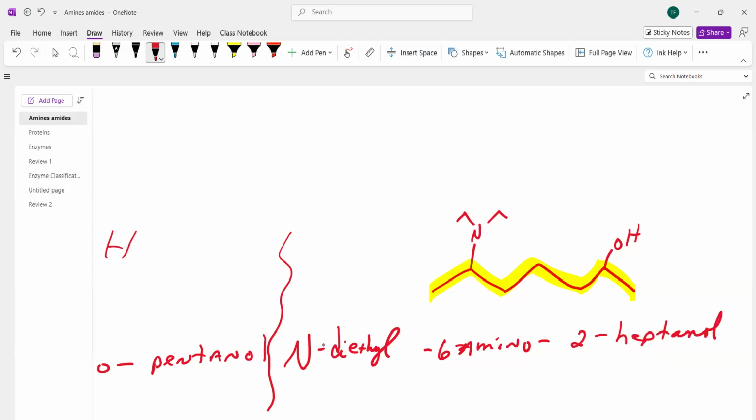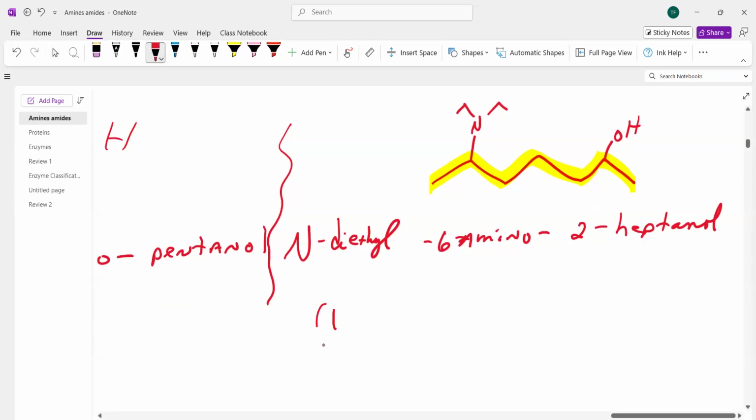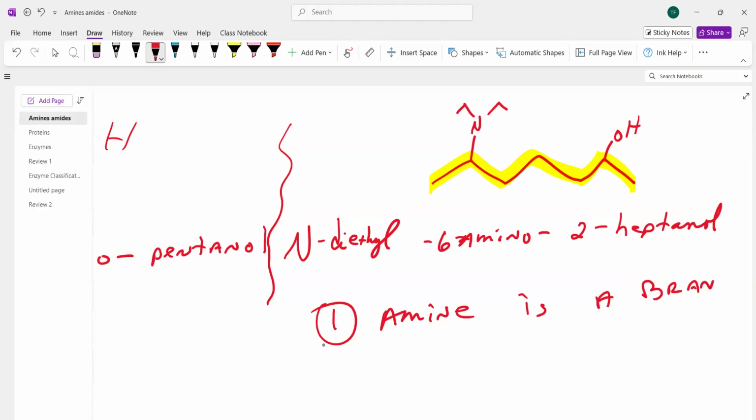So it flows in with all of our naming, except for some big exceptions. Okay. One, as far as IUPAC goes, the amine is a branch, not a functional group in terms of naming.